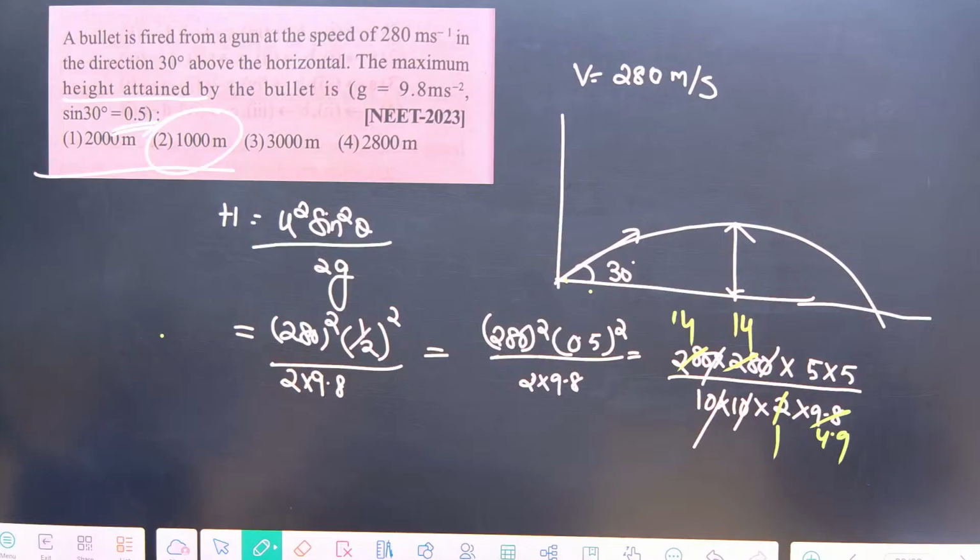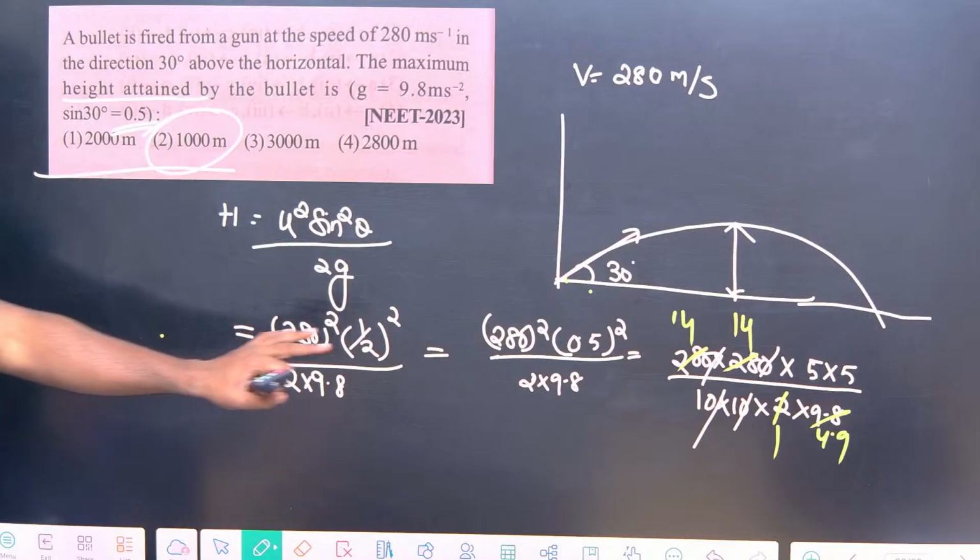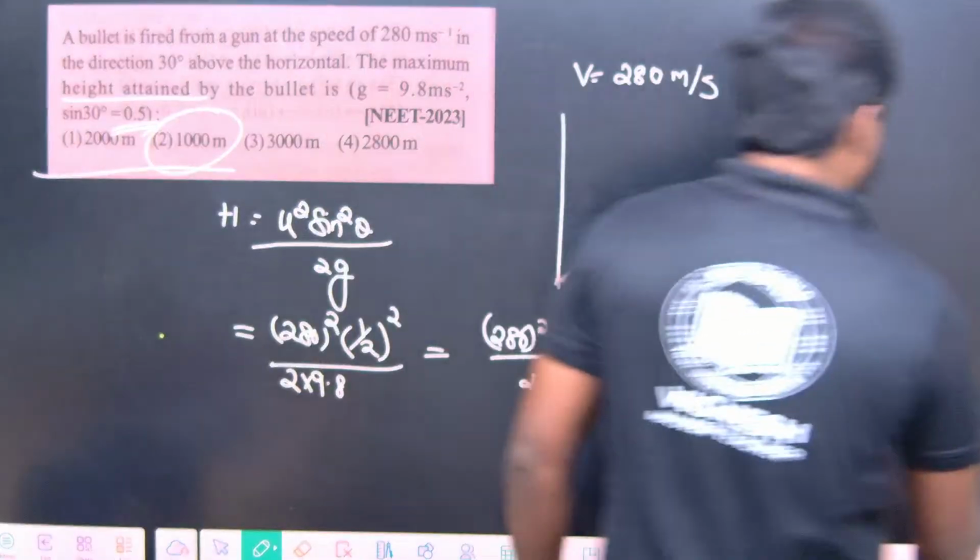So 1000 you are getting. You will get 1000 as the answer. So we will solve one more question here.